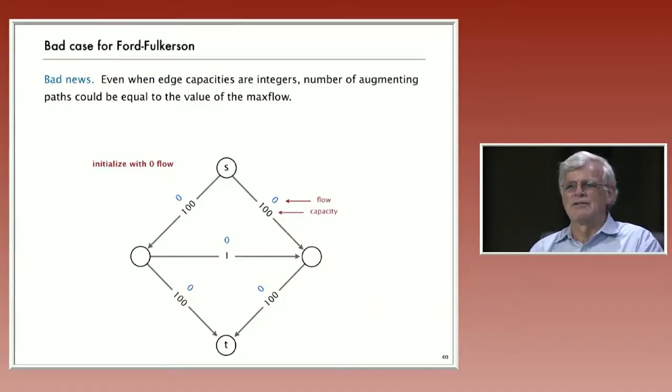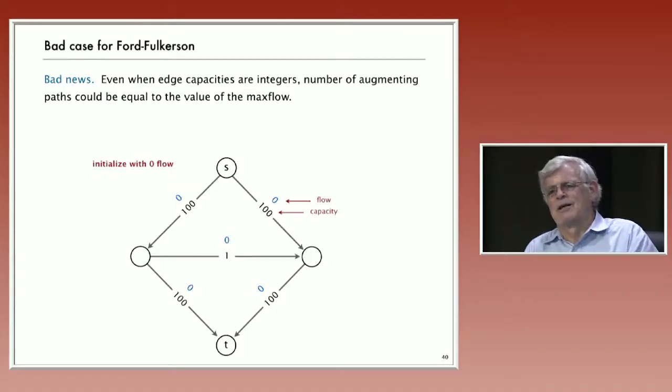But just to get an idea for what goes on, let's look at this bad case. Even when the edge capacities are integers, you could have a lot of augmenting paths, and we want to avoid this case. So look at this network here where we have S and T, and we've got 2 big capacity edges coming out of S, and 2 big capacity edges coming into T, and then we just have a little edge of capacity 1 going between those 2 intermediate vertices.